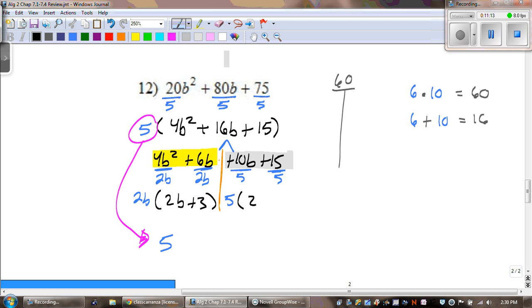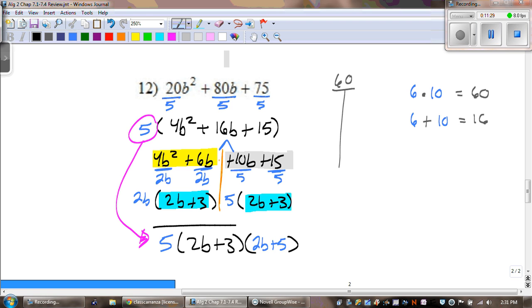And then we get 2b plus 3, which is great because those two binomials match up, which means we did that right. 2b plus 3. And then my second binomial was the GCFs, the 2b plus 5. Remember, don't be a math magician. Don't make that 5 that we factored out disappear.